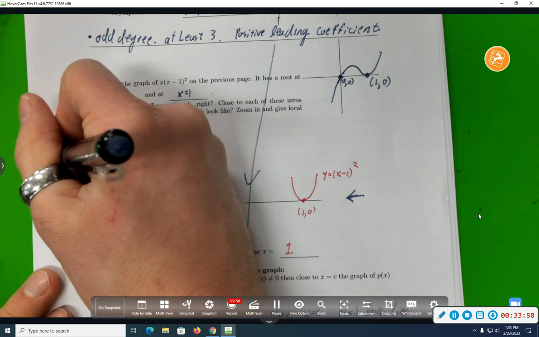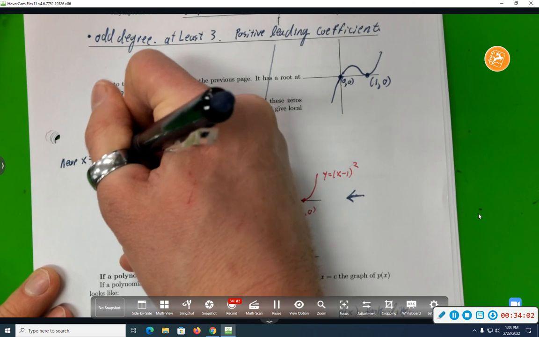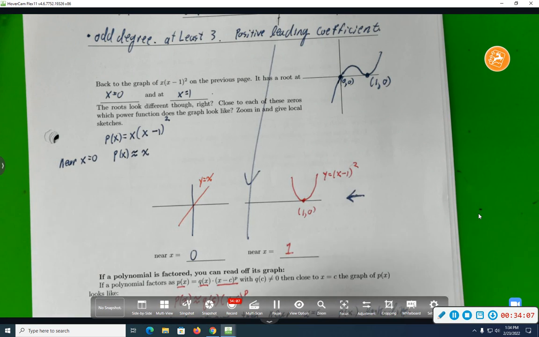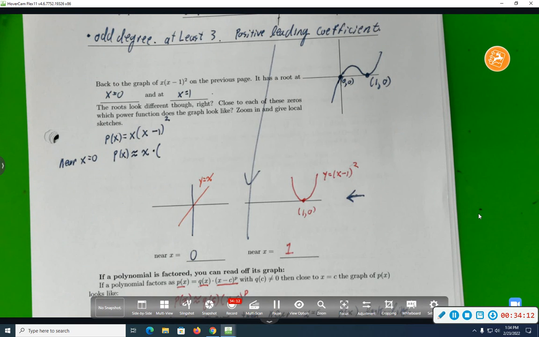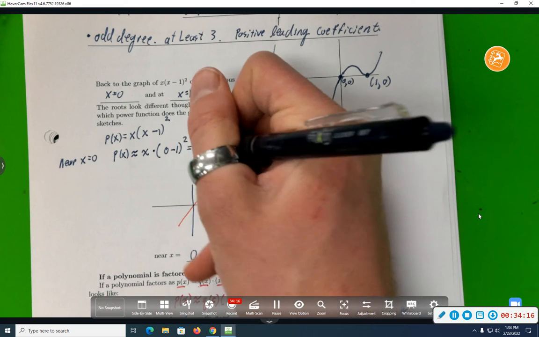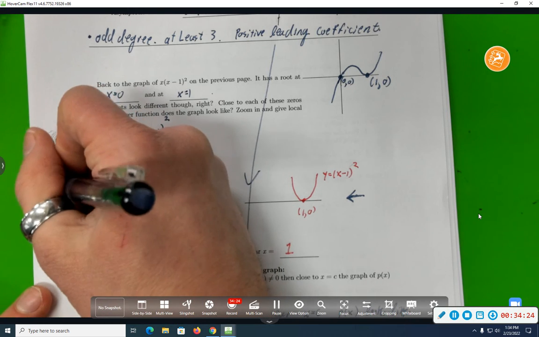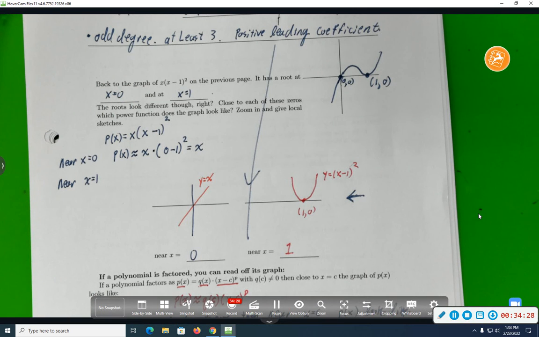So that theorem said that near x equals 0, p of x should be somewhere around the thing that gave you the 0, x, times plug 0 in for all the other x's. Did that agree with what the graph we got says? Cool. Near x equals 1, well, which of the factors resulted in there being a 0 at x equals 1?